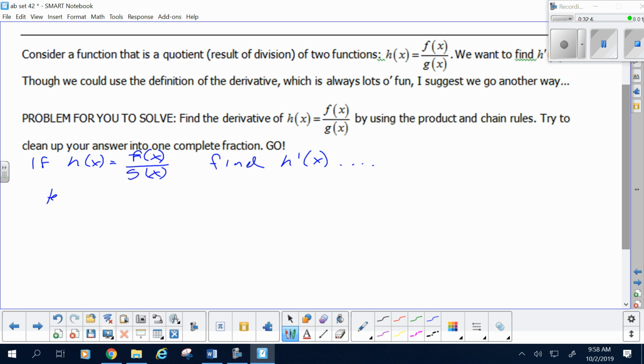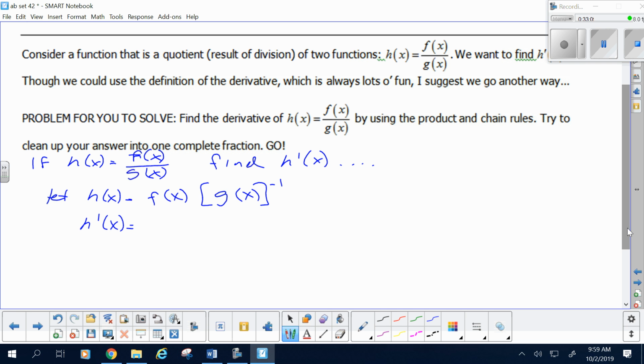If you let h of x equal f of x times g of x to the negative first. In this case, that's a power, not the inverse. Remember, sometimes that notation means inverse, but in this case I'm saying to the negative first power. Are you with me?